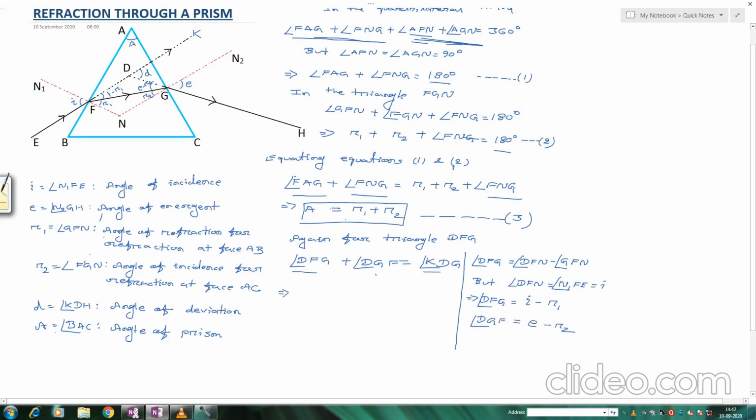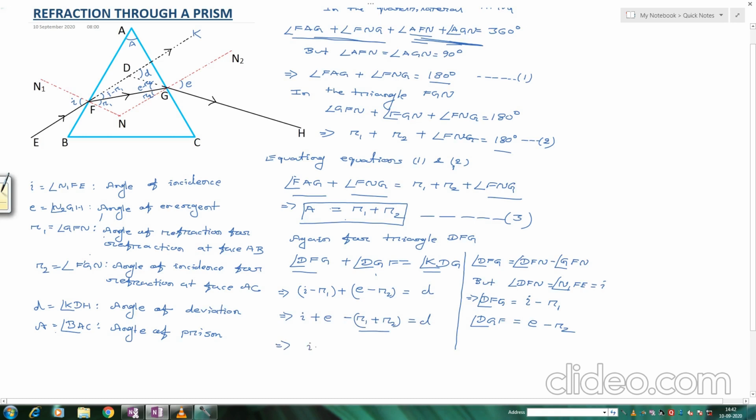So this implies DFG is equal to I minus R1, plus DGF is equal to E minus R2. This is equal to KDG, that is the angle of deviation D. So this implies I plus E minus (R1 plus R2) is equal to D. But R1 plus R2 is equal to the angle of prism A from equation number 3.